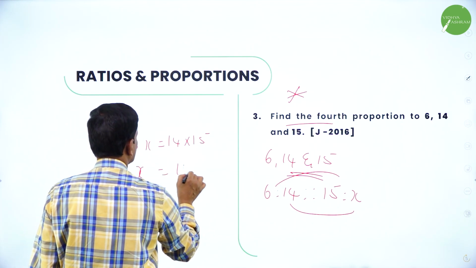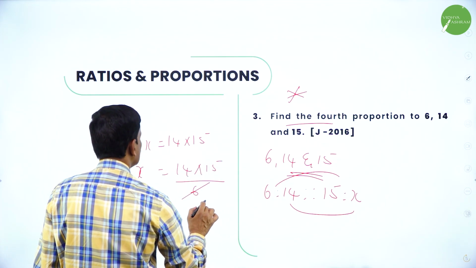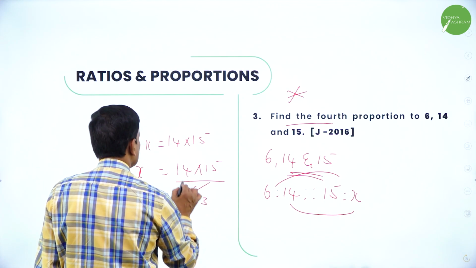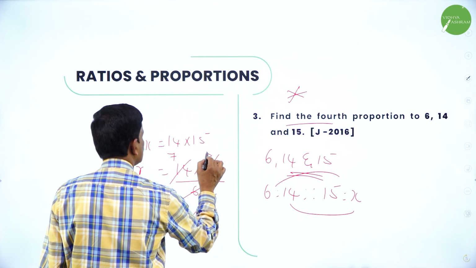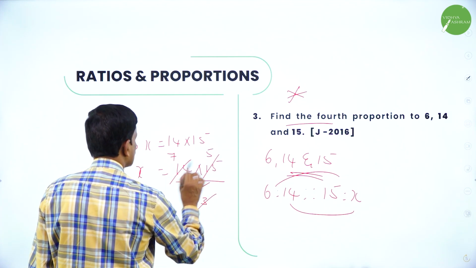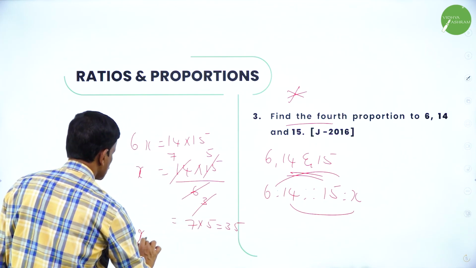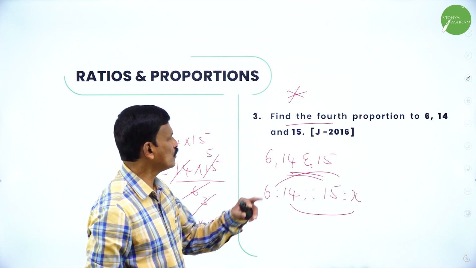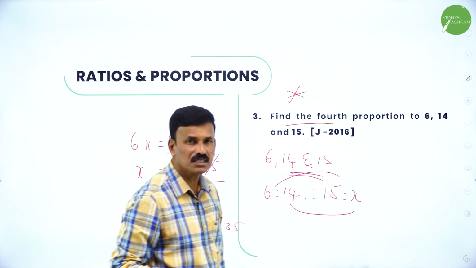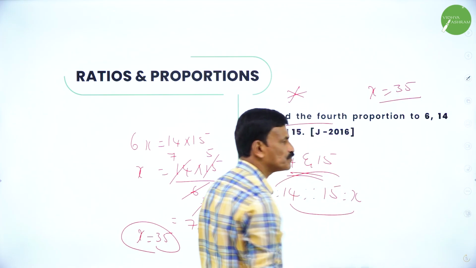So x is equal to 14 into 15 divided by 6. So divide it. 2 7s are 14, 3 5s are 15. 7 into 5 is equal to 35. So x is equal to 35. That means the fourth proportion to 6, 14 and 15 is 35.